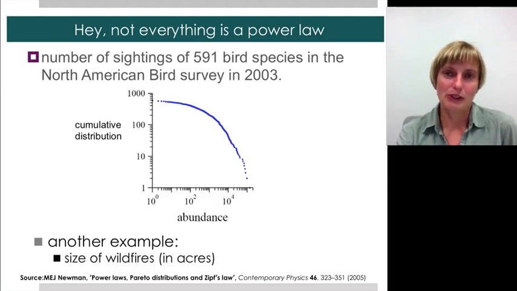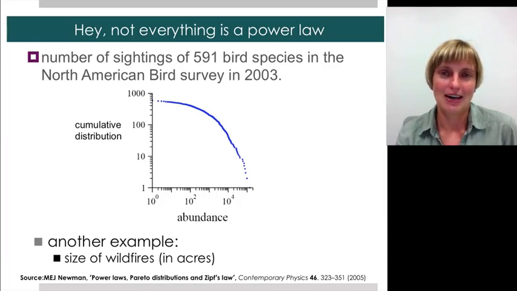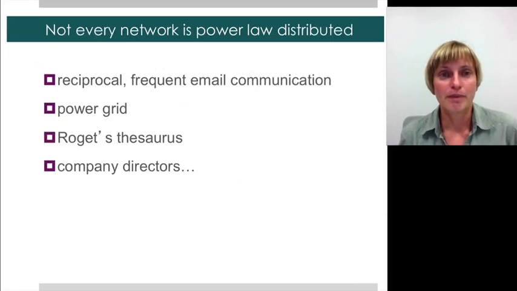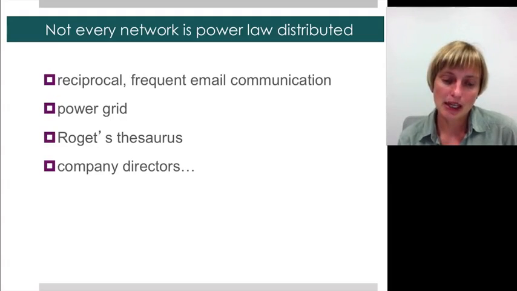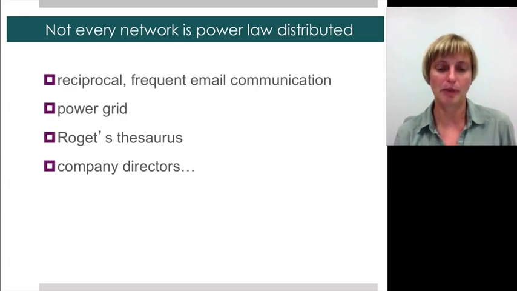But it's important to note that not everything is power law. So bird species abundance is not power law. Size of wildfires is not power law, even though some wildfires are very big and many are small. Even networks that appear power law at first, especially the social ones, for example, email.